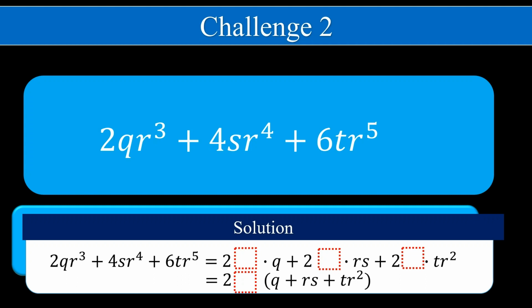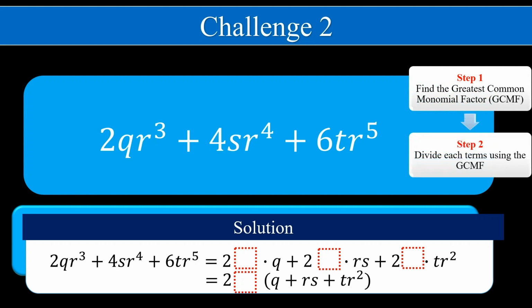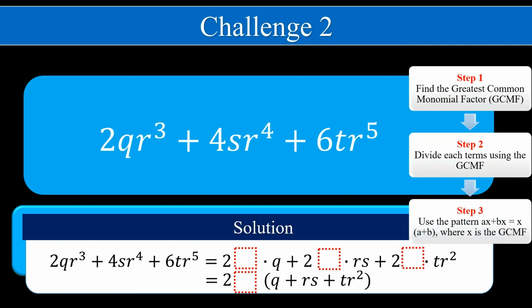There are ways of solving this kind of problem, but still you have to follow the procedure. Step 1, the greatest common factor. Step 2, dividing the terms of the given product using the greatest common monomial factor. And the last step is to use the greatest common monomial factor in the pattern.